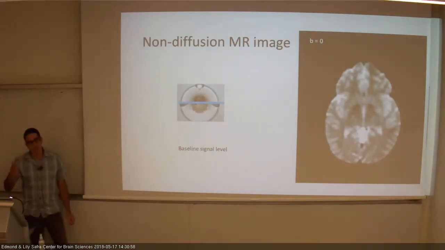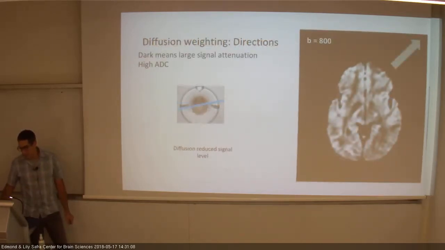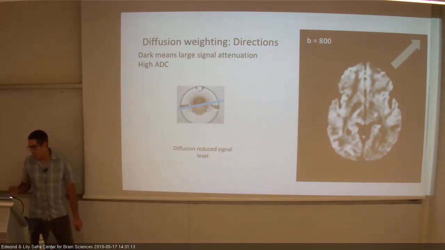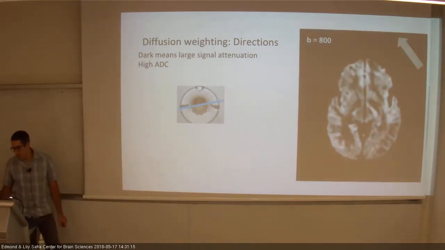So in each image, we're going to see things which pop out according to the orientation of the fibers in relation to the direction of the diffusion. Here it is. So this is one orientation, and we see areas which really go dark, and other areas which are bright. And now I'm going to change the direction, and the image looks slightly different.